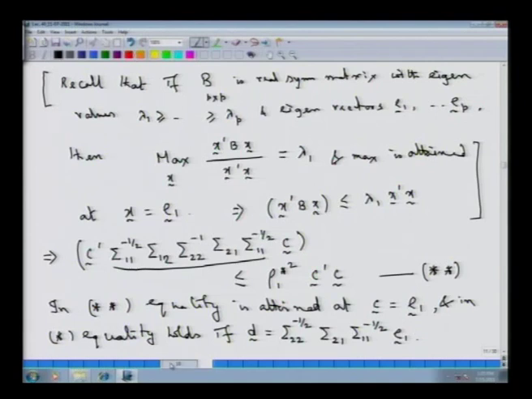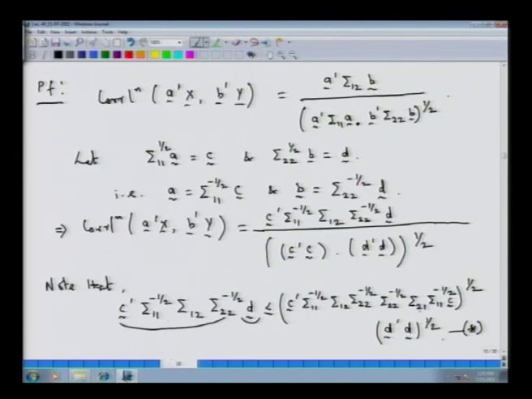Why is that so? Because here equality will hold if d is proportional to this particular vector, which is sigma 22 to the power minus half sigma 21 times sigma 11 to the power minus half times this vector c.